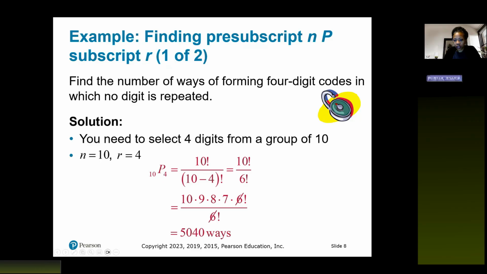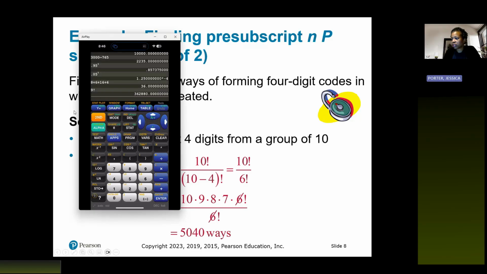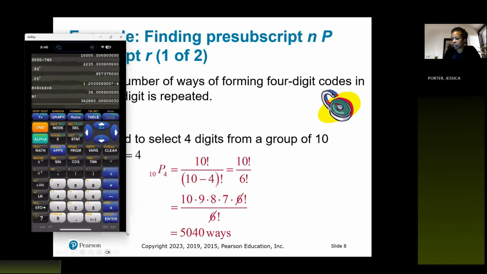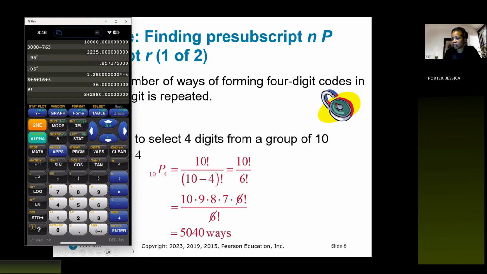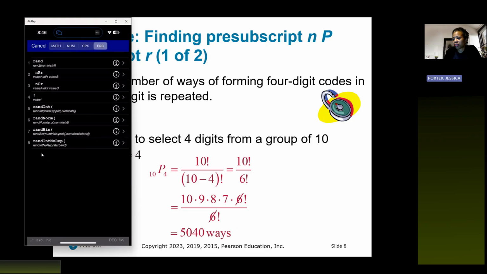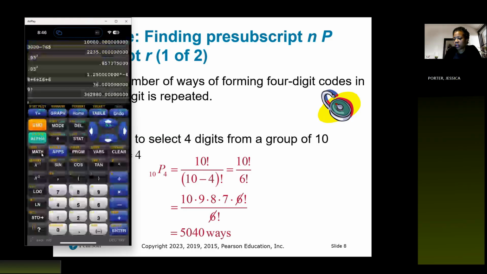Well, let's look and see. On the calculator, same menu, math, PRB. You see this nPr on number 2? I know this is hard to see, but there's a small box, a big P, and a small box.